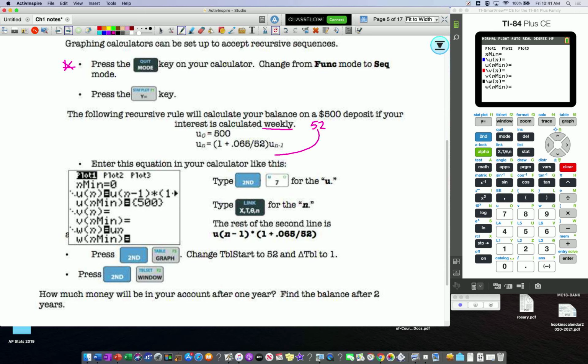So what you'll see is, notice here how they go 1 plus the interest rate divided by 52. So we have this u sub 0 equals 500, and then they just put the multiplication piece in front. I will flip these on the calculator. And I think it's just so much easier to do. So how do we get this on our calculator? So the first thing that you want to make sure you do, however you have defined your first term, that number has to go there.